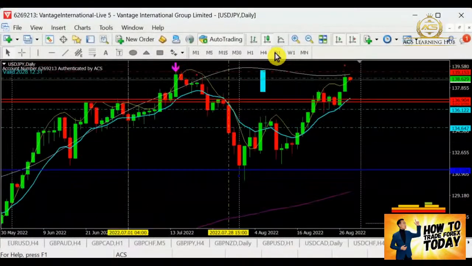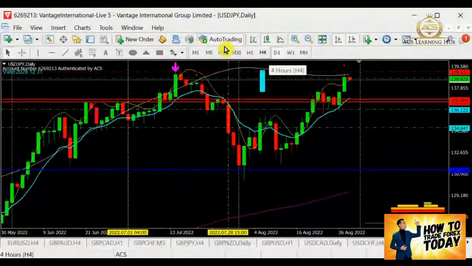But in the general trend, it is still in buying. So for this buying, it seems like it's trying to break the highs to go up to perhaps 139.7. So this may not be very good for us right now. I'm not going to buy, neither am I going to sell. I want to take a look at what's going on first.